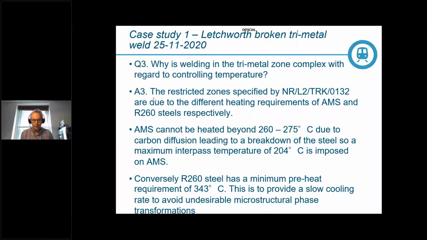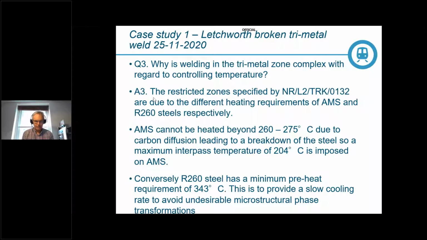So why is it important when welding tri-metal zones? Why are they so complex? The restricted zones specified in our welding standard, Network Rail's welding standard 0132, are due to the different heating requirements of AMS and R260 respectively.